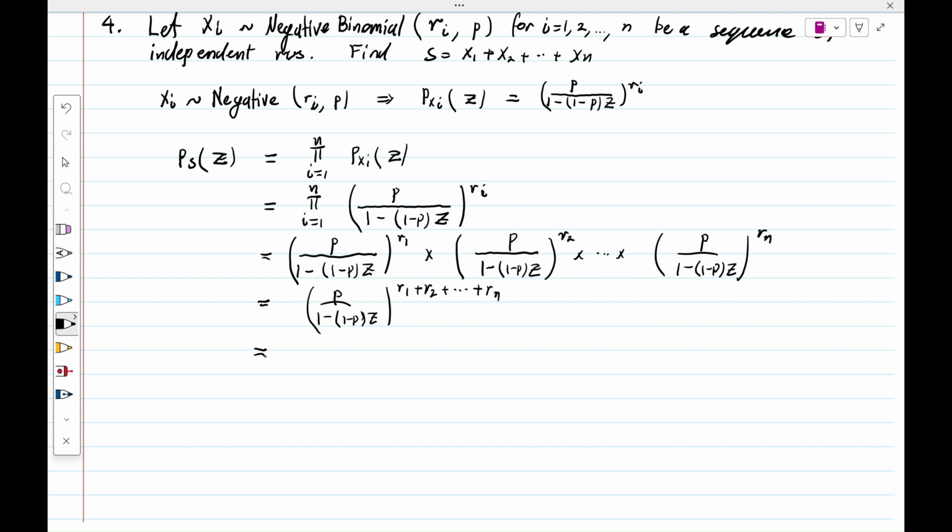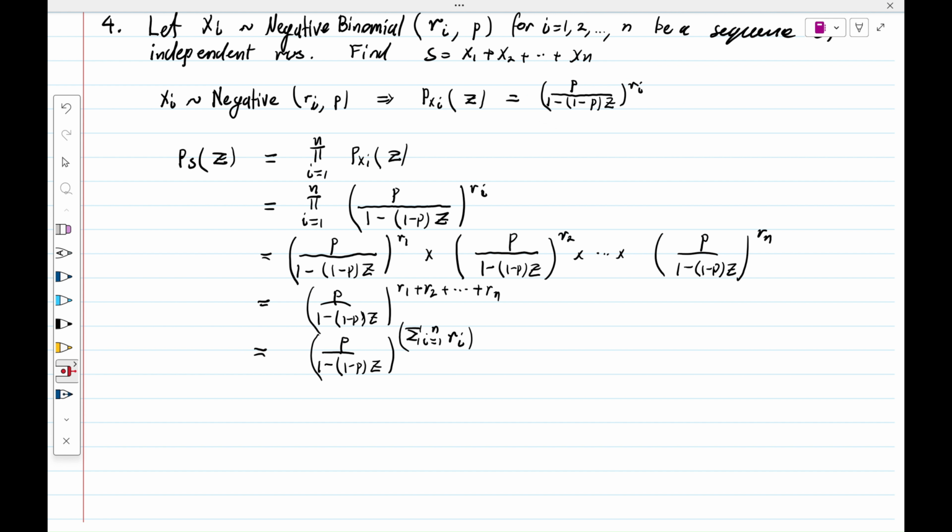In shorthand form, we can rewrite that as 1 over (1 - pz) to the power of the sum of ri from i equals 1 to n.